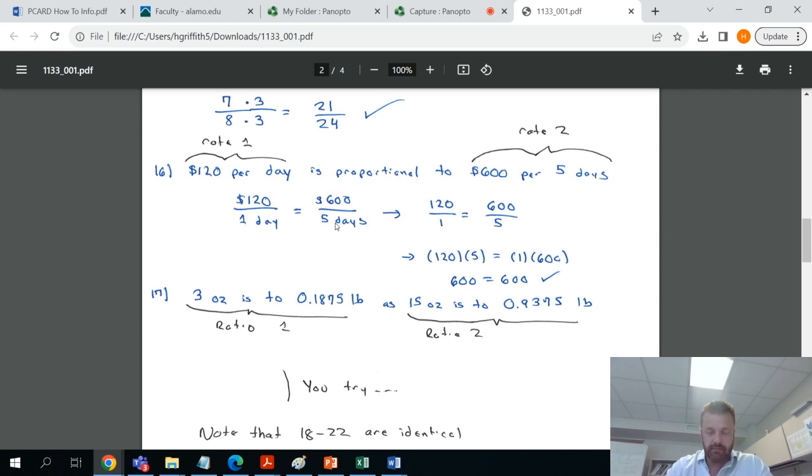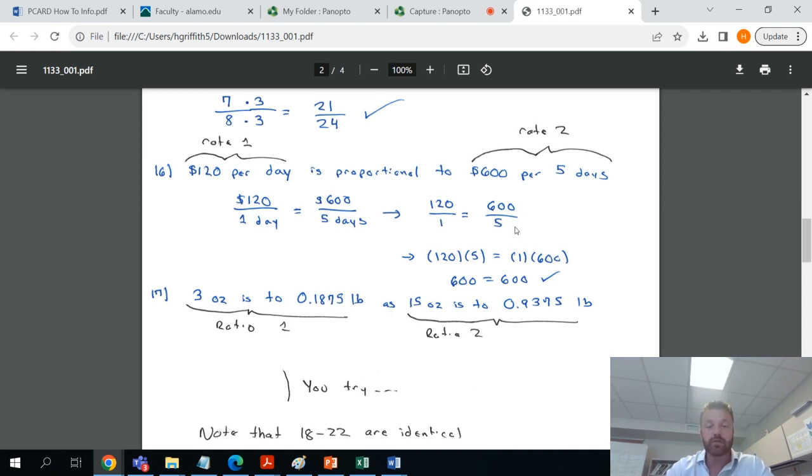Even though when you're talking about rates you traditionally carry around the units, since the units aren't the same, when you're showing that they're proportional mathematically, we can just throw those units away before we do our cross products. So $120 per 1 day, we'll represent as 120 over 1, and $600 per 5 days as 600 over 5.